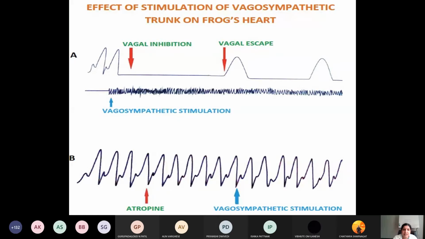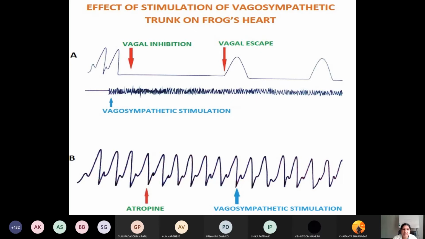This is very, very important, because of long refractory period and vagal escape, the heart muscle can never be tetanized, right? Heart muscle can never be tetanized even though it beats continuously from our first breath to last breath, right? So these unique properties make the heart a special organ in our body.